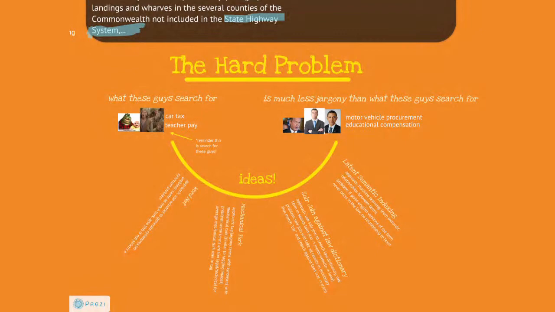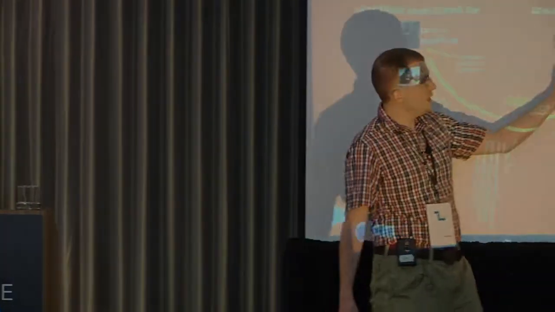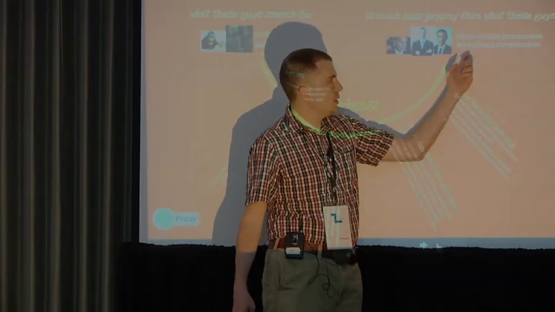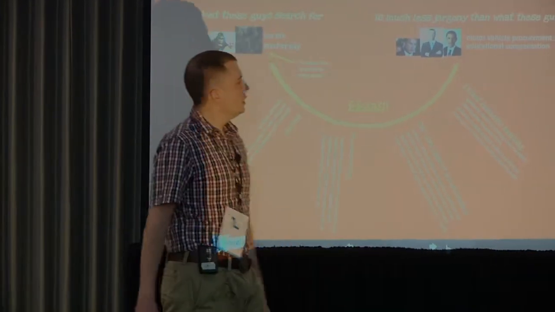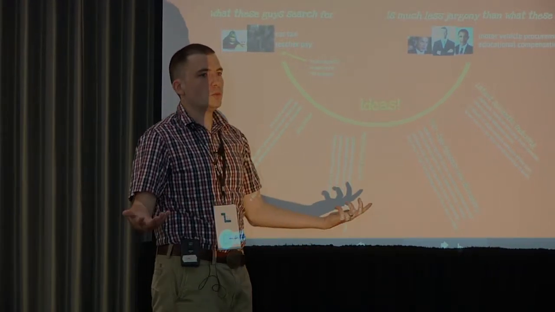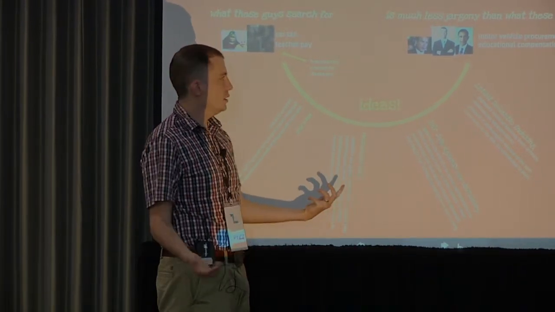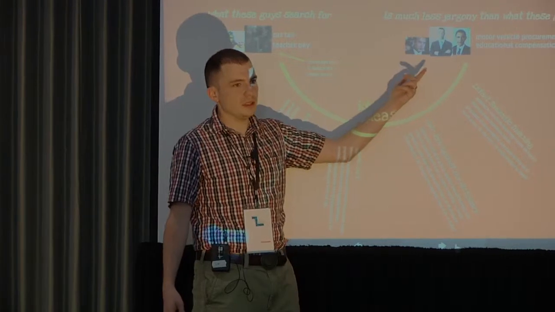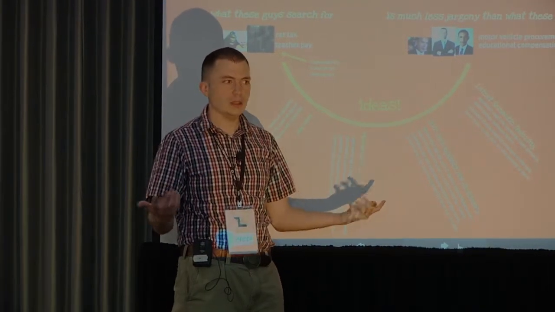Car tax, teacher pay, actually turn out to be much less jargony than what the people who wrote the laws, the lawyers, politicians, and bureaucrats, search for. What these guys search for, motor vehicle procurement, educational compensation, is much more likely to be in the corpus of text. Why? Because these guys write the laws, and laws tend to be technical and jargony.